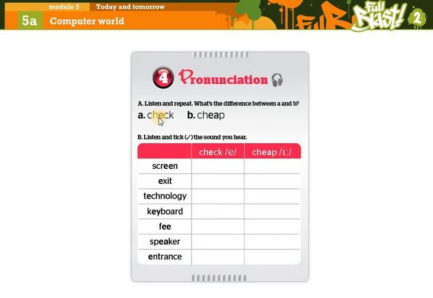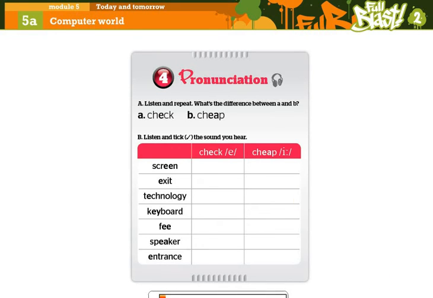This is a short vowel, and this is a long vowel. So try to listen and cross or tick the right place from these two.